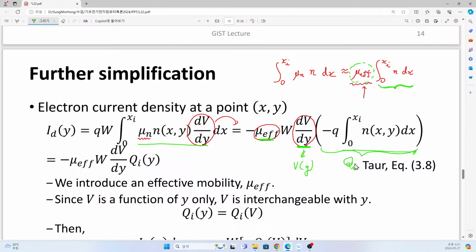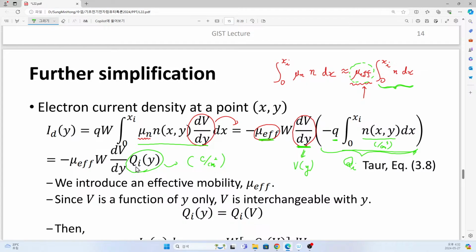Then, given the y position, what is the area charge originating from these electrons? Of course it will have the unit of coulomb per square centimeter. The coulomb comes from this one, and per square centimeter comes from the integration of the per cubic centimeter electron density. So we have this clear result.